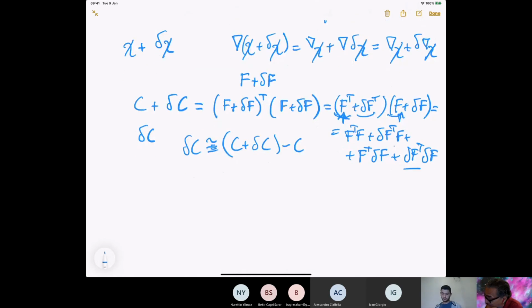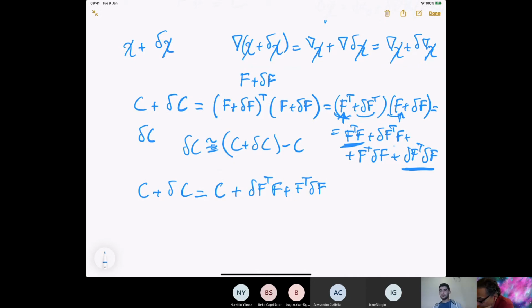This is an infinitesimal of higher order, so I get that C plus delta C is equal to C plus delta F transposed F plus F transposed delta F, if my calculations are right, plus delta F transpose delta F, which is negligible.